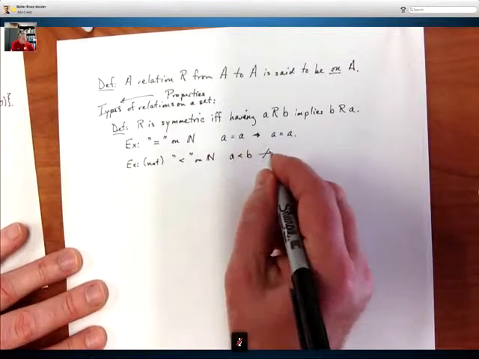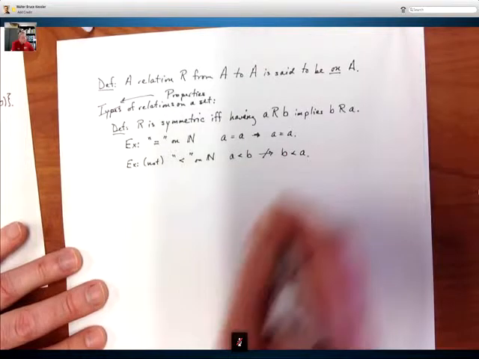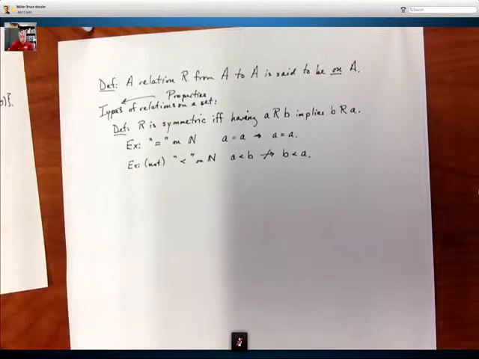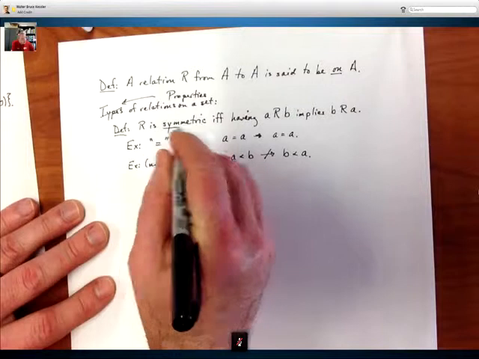A less than B does not imply that B is less than A, right? Yeah, equals is a good one. If I think of a good one on the way back out, I'll say something about it.